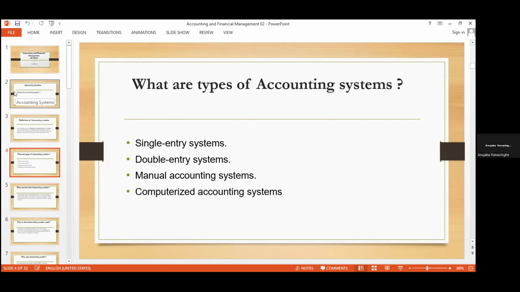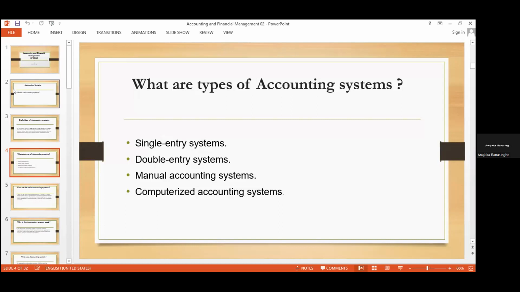In a computerized accounting system, all the accounts and account statements are prepared by computer software, a computer package, or any other sophisticated package. They enter the transaction amounts only, and all the accounting preparation is done by the software.